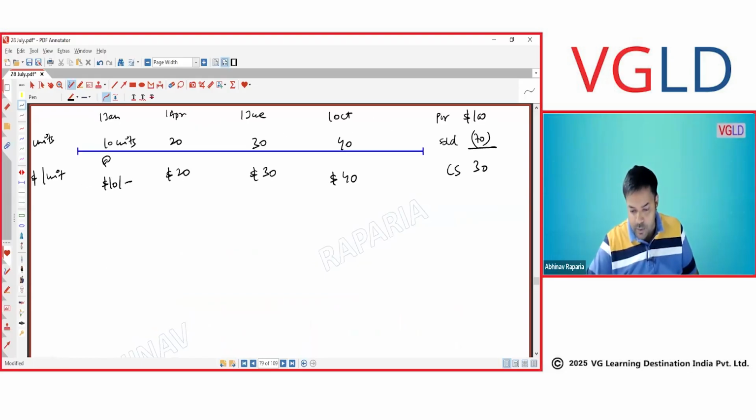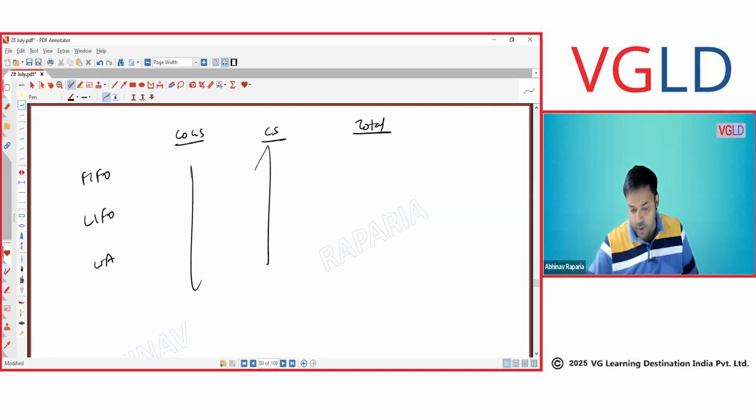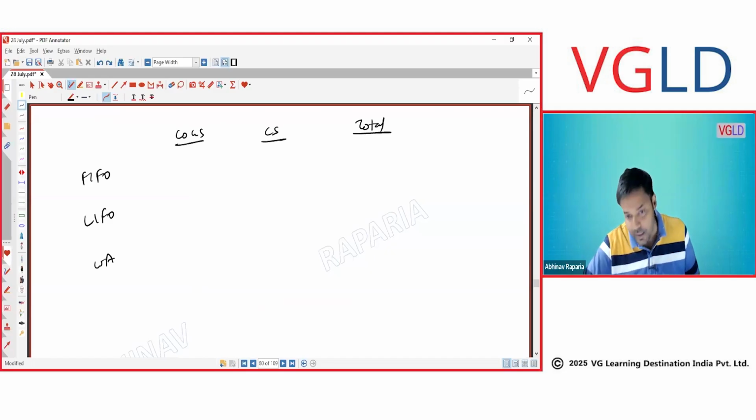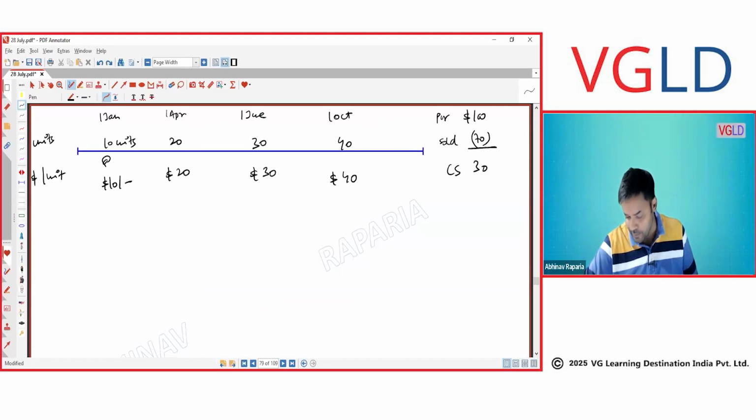So what is going to be the answer? That means you need to plug in the 6 values here. What is going to be the answer as per FIFO? What is going to be the answer as per LIFO? What is going to be the answer as per weighted average? Try everyone.